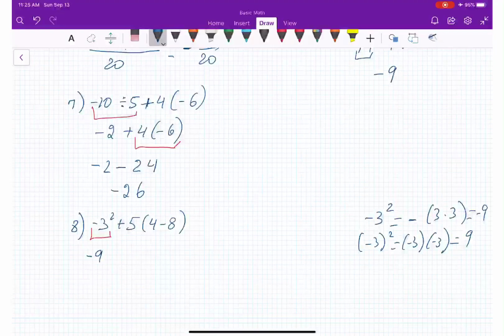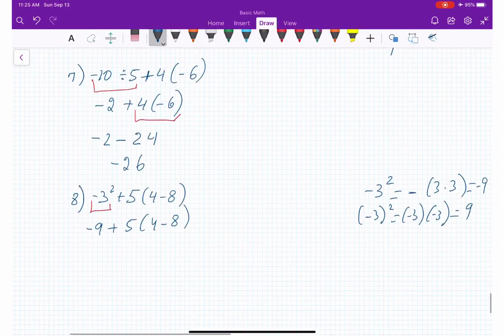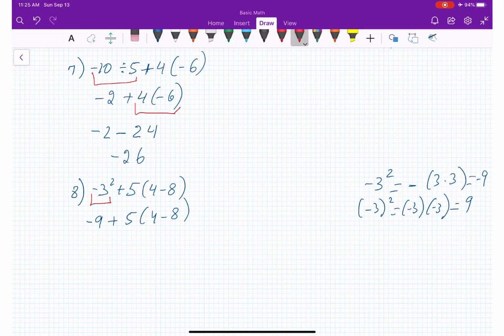So negative 9 plus 5 times 4 minus 8. Because here we have the exponent first, then parentheses, so therefore we take care of the exponent first. Next, I'm taking care of parentheses. 4 minus 8 is going to be negative 4.